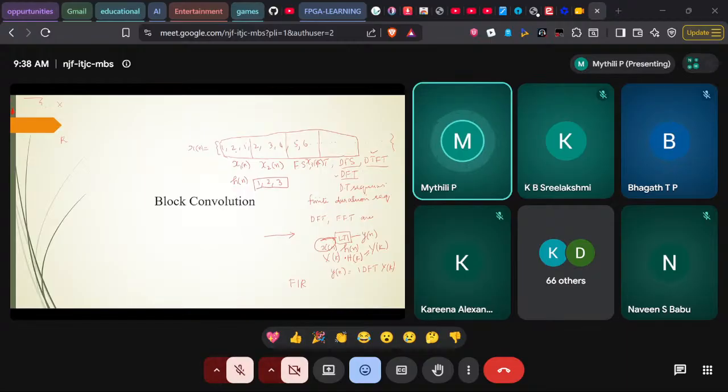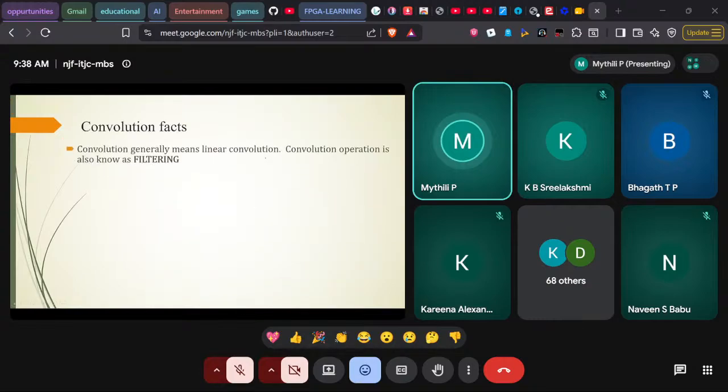When 3 samples come, you can find the DFT of this block, the DFT of h of n, multiply them and get y1 of n. Same way, x2 of n: the next block comes, the next DFT, the next convolution, and so on. This is called block convolution. This is the basics about block convolution.